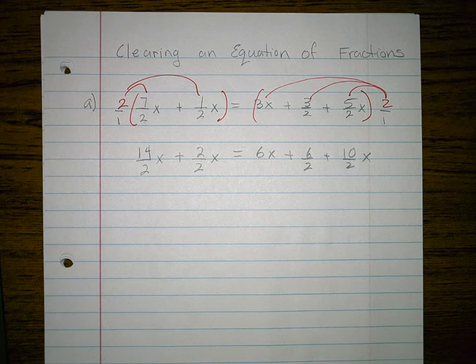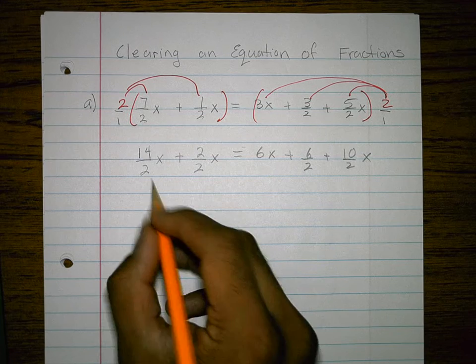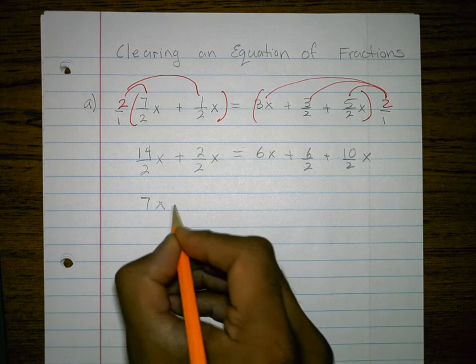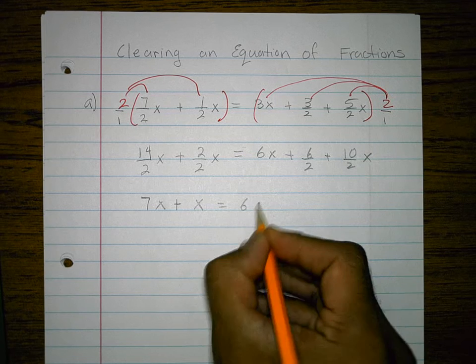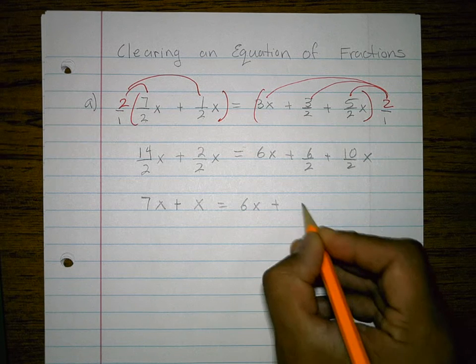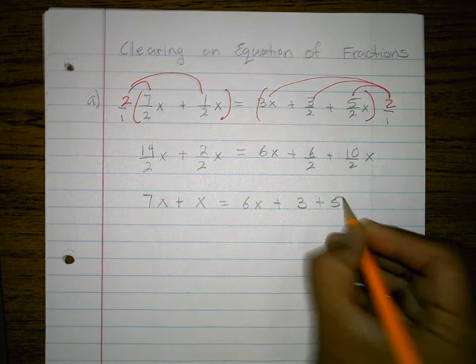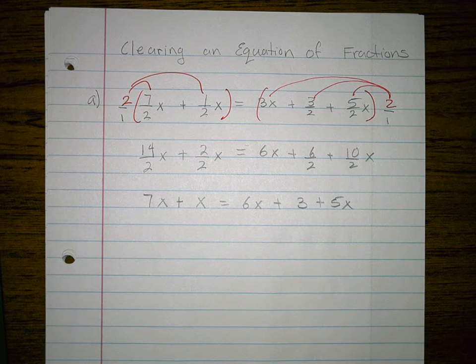And if I multiplied by a least common denominator, or any common denominator, the fractions should reduce to even whole integers. So we're looking at 7x plus just x, as 2 divided by 2 is 1, equals 6x plus 3 plus 5x. And this is a much better looking question.